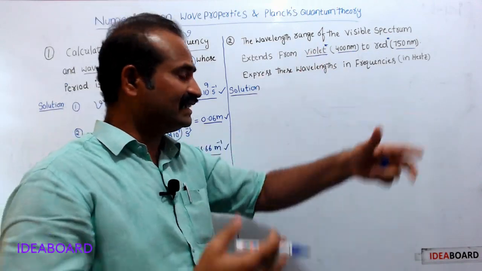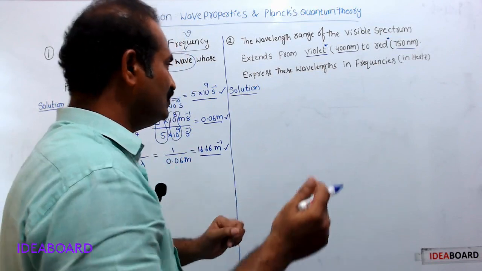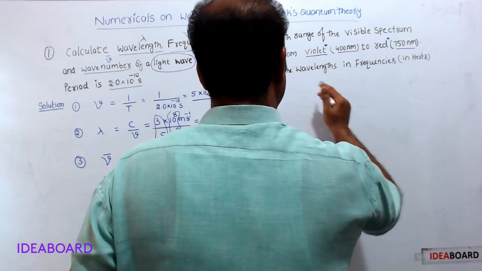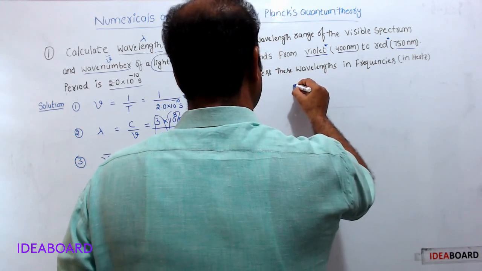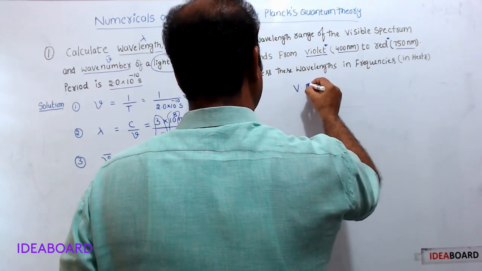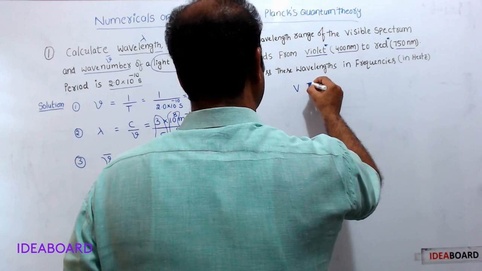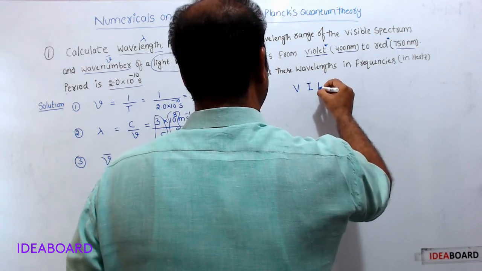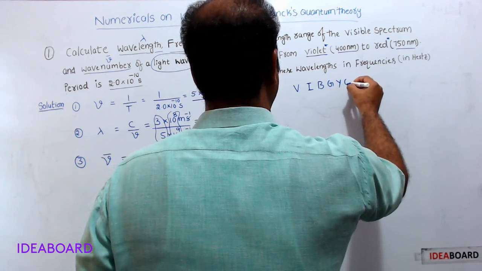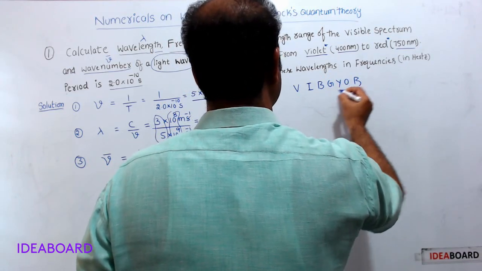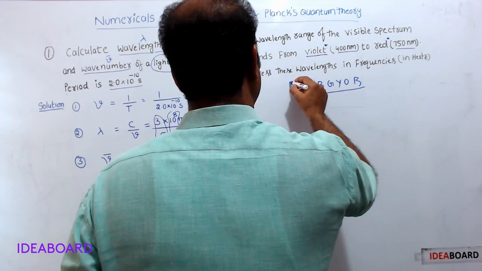Express these wavelengths in terms of frequencies. Here in the visible region, we know violet, indigo, blue, green, yellow, orange, red. This is the visible region.